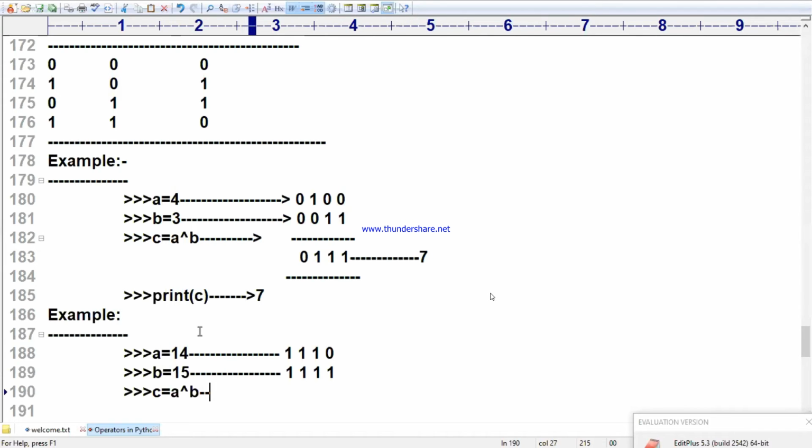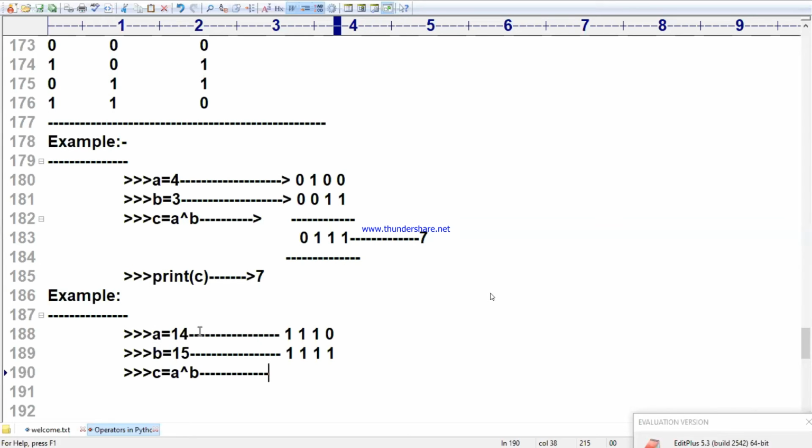Now I will go for the result calculation. What is the calculation, please? Start: 0 0 0 1, which is equal to what? 1 into 2 to the power of 0, it is called 1.